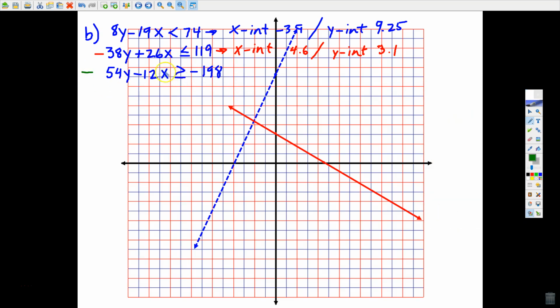Okay, so to get the x-intercept, let's do negative 198 divided by negative 12, 16.5. And the y-intercept, negative 198 divided by 54.